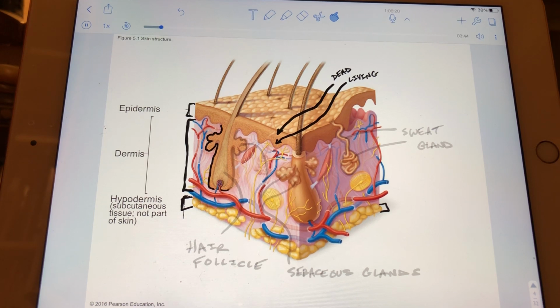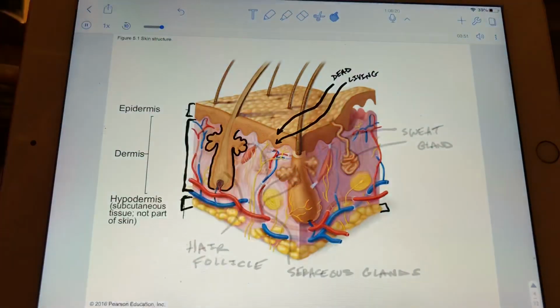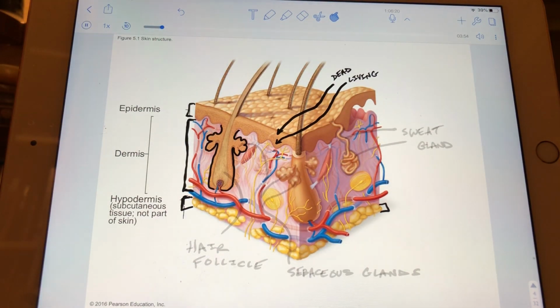Now you probably noticed that the illustrator made an effort to make some of the structures that are housed in the dermis appear as if they are made out of the same stuff as epidermis, and that's a very purposeful decision on the illustrator's part. These structures, here's a sweat gland, or really the secretory unit of a sweat gland, whereas this is the duct, but together, sweat gland.